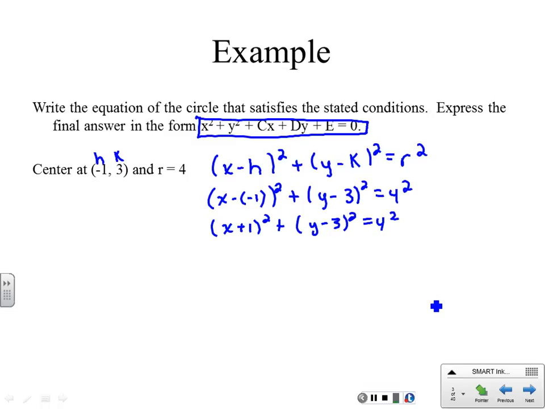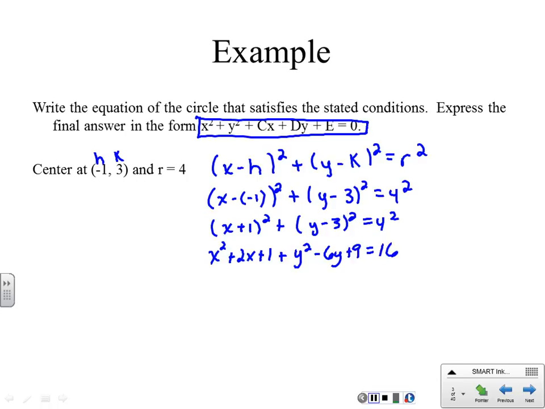Go. Hopefully you got x squared plus 2x plus 1 plus y squared minus 6y plus 9 is equal to 16.